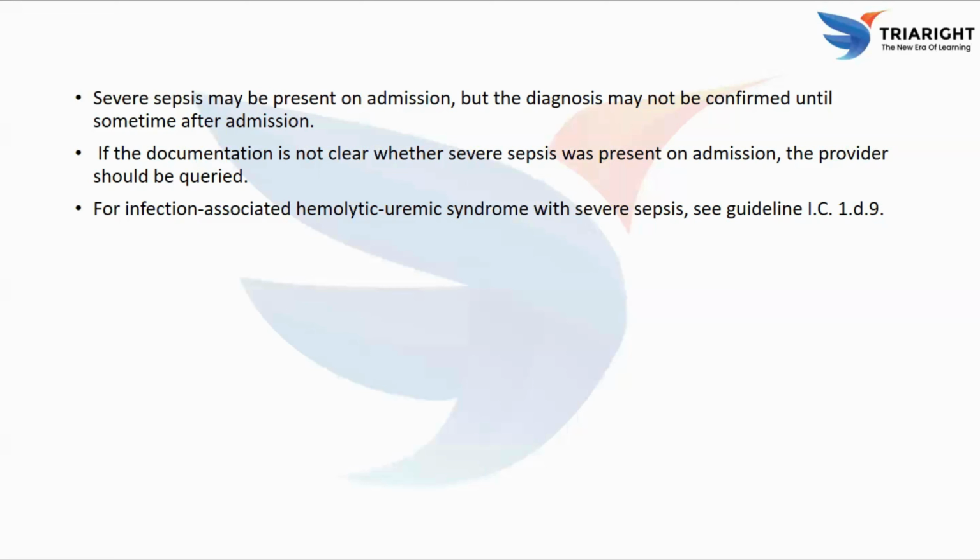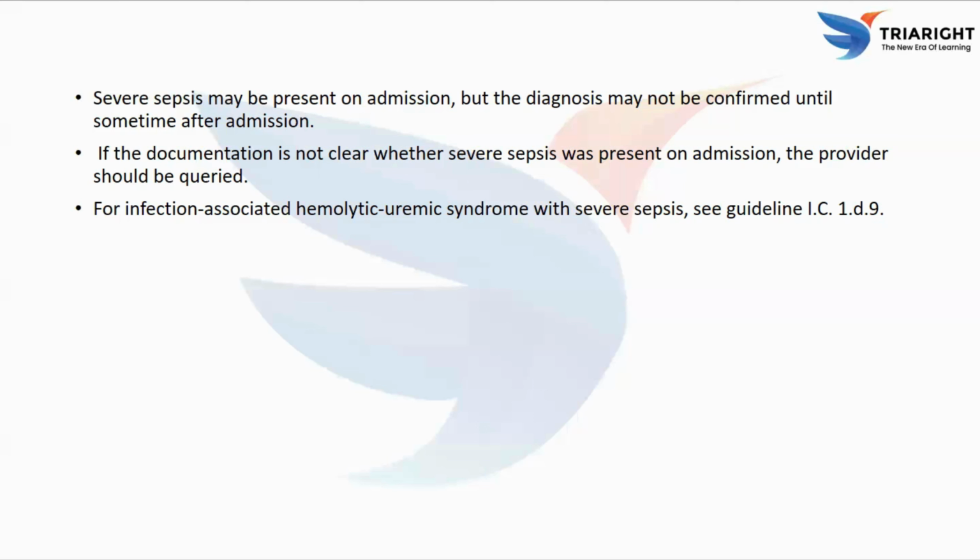So this is the coding rule. If an infection is associated with hemolytic uremic syndrome, that is HUS, with severe sepsis, you have to assign the infection related code causing hemolysis or thrombocytopenia or acute kidney failure.